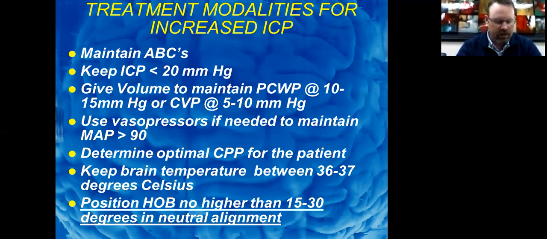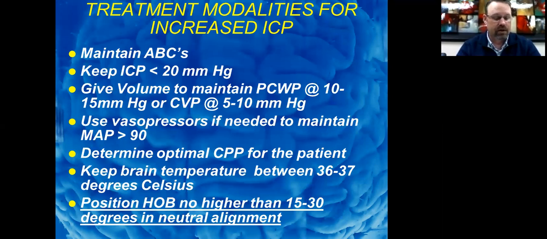And then you want to maintain your CO2. If you've got signs of these things, and it states it specifically in the protocol, hemiparesis, unilateral blown pupil, witnessed GCS decrease of 2 or more, then your end-tidal CO2 must be maintained between 35 and 45 millimeters of mercury.